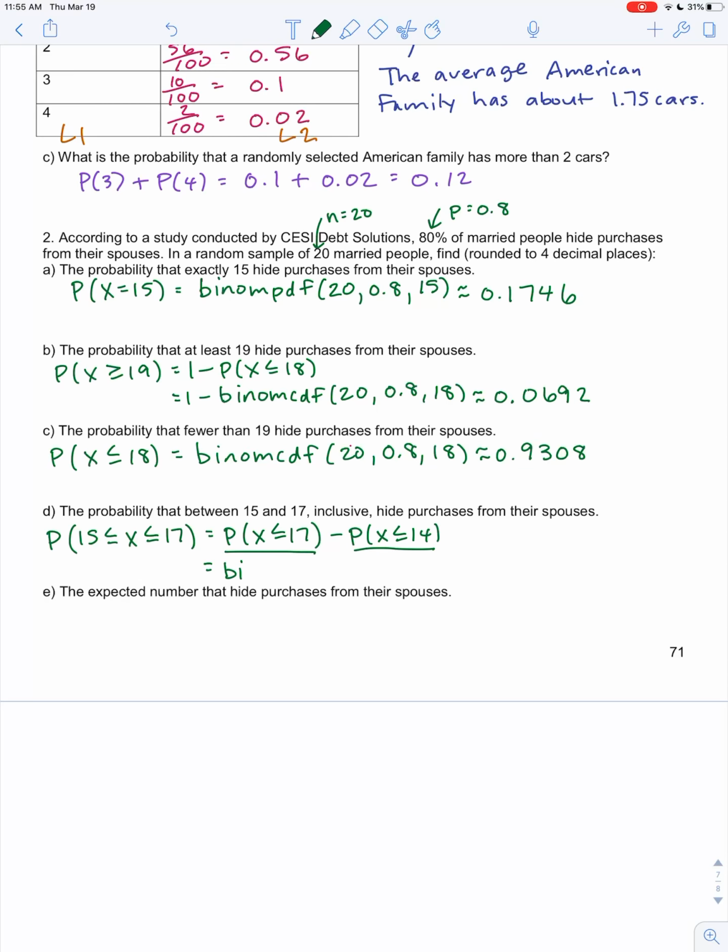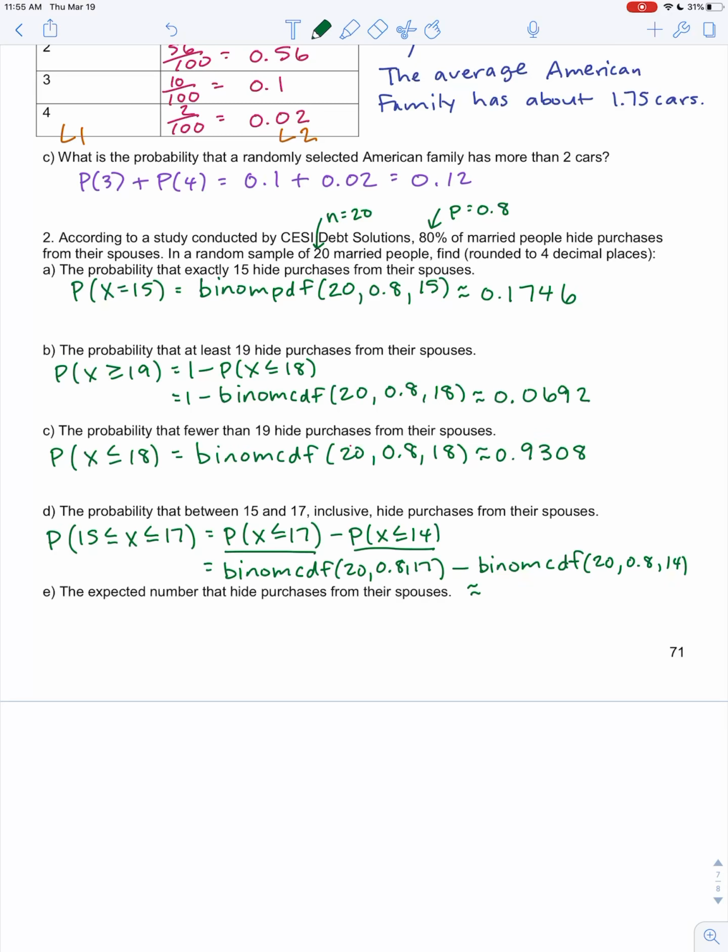And you can type this in your calculator all in one line. You can type in Binom CDF 20, 0.8, 17, close it off, then subtract. And I recommend doing it all in one line because I don't want you to end up rounding more than once in a problem, because then your answer becomes less accurate.